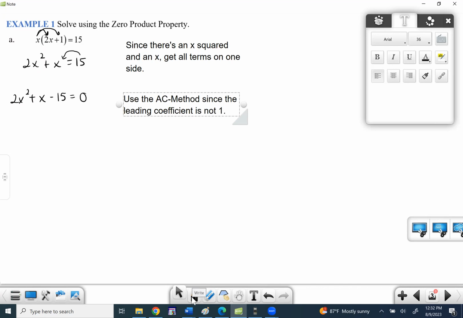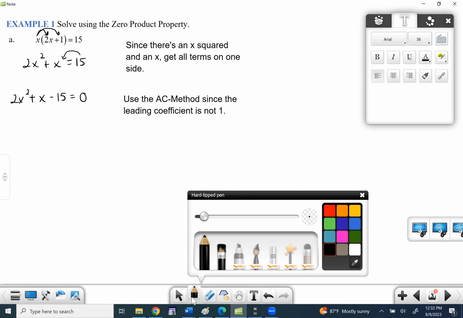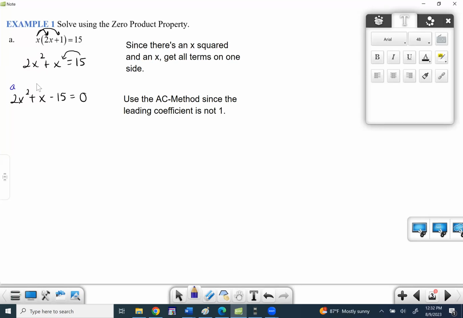Okay, so it's called the AC method because later on when we use the quadratic formula, you'll see that we label this A, we label the number in front of x, which is 1, the B, and we label this C. We just go alphabetically, A, B, C. Okay, so we call this AC method because of that.